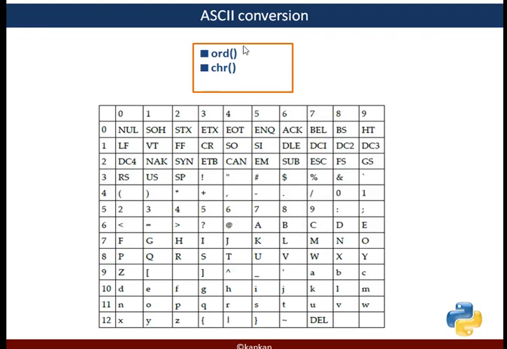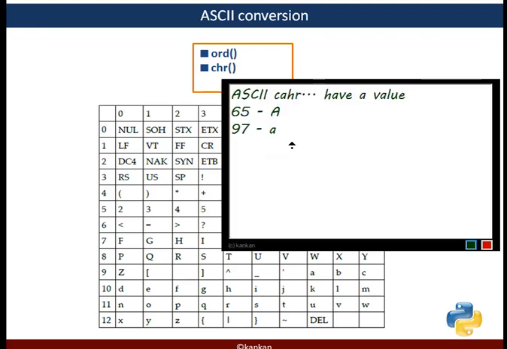In Python there are two functions for conversion. ORD is the conversion function. What will be done using ORD?